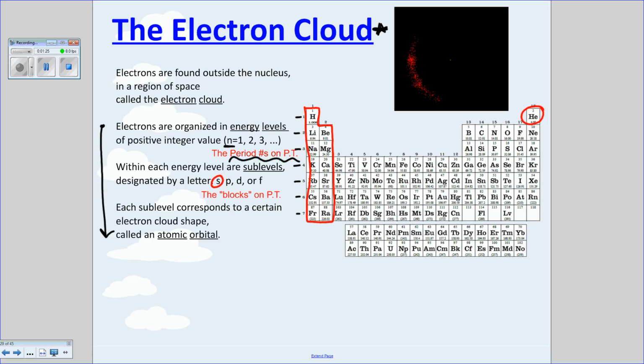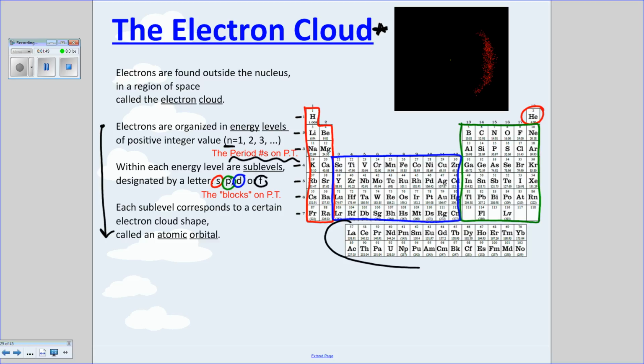The next sublevel is the P block, which is right over here. The next sublevel is the D block, right here in the middle. And the last one is the F block, which is your lanthanides and your actinides down here.